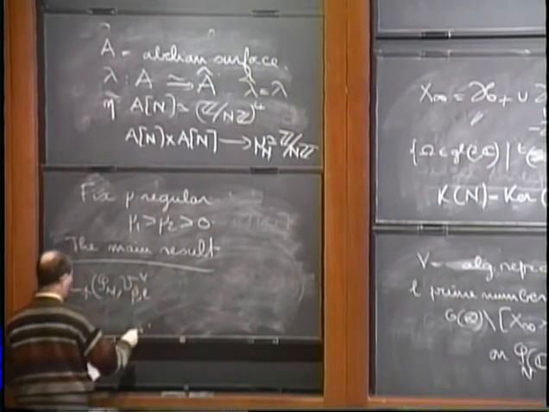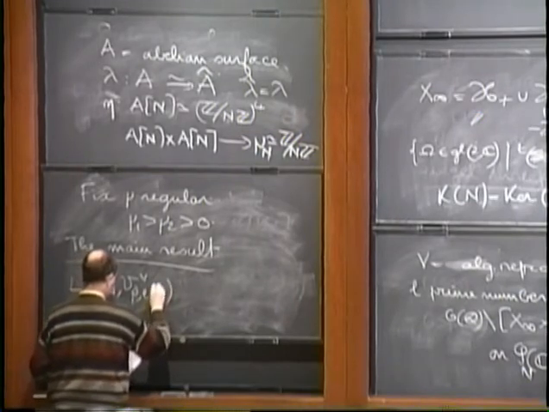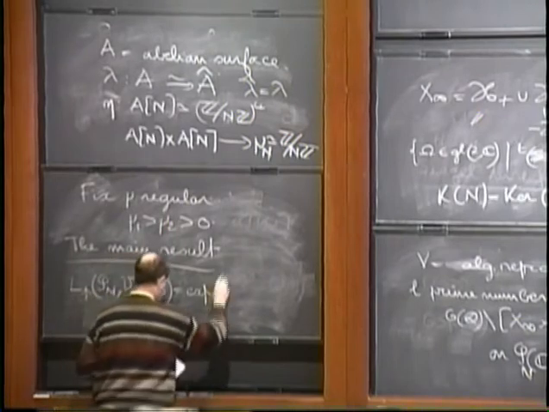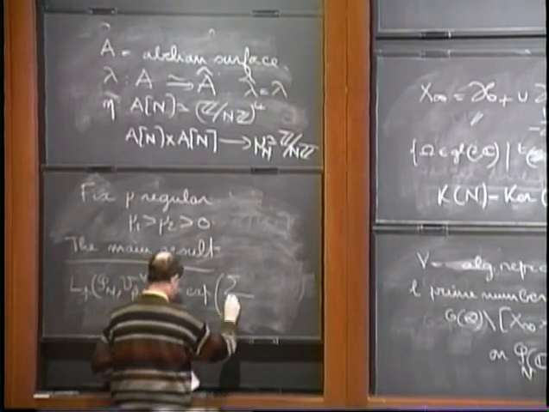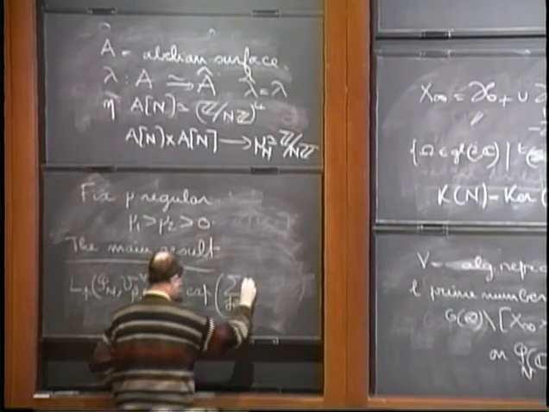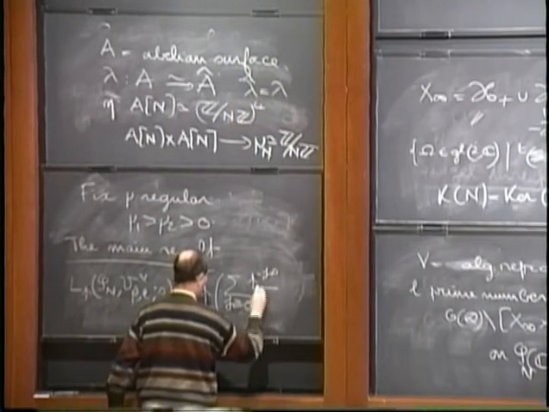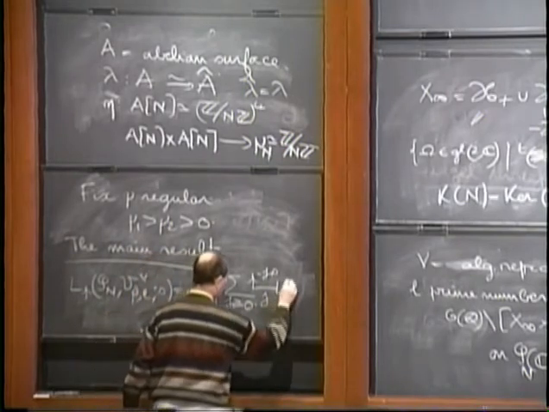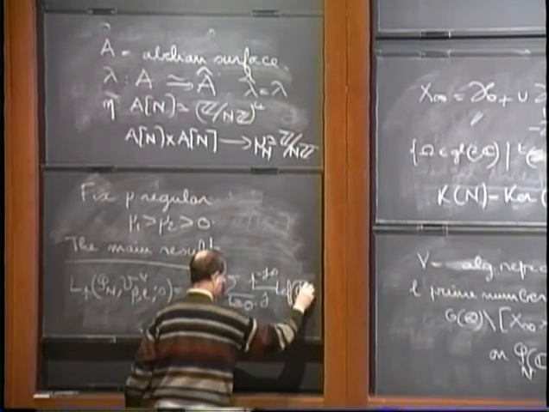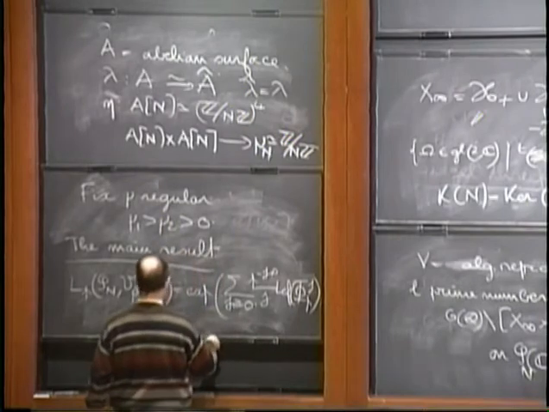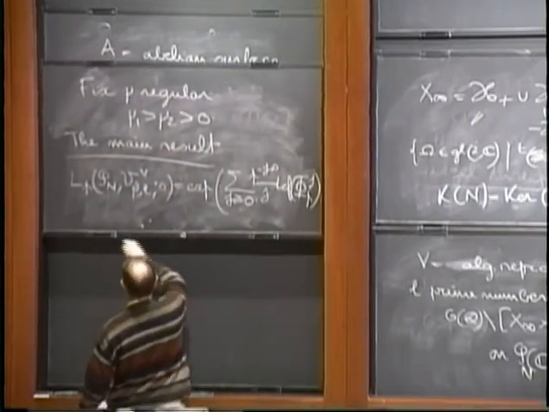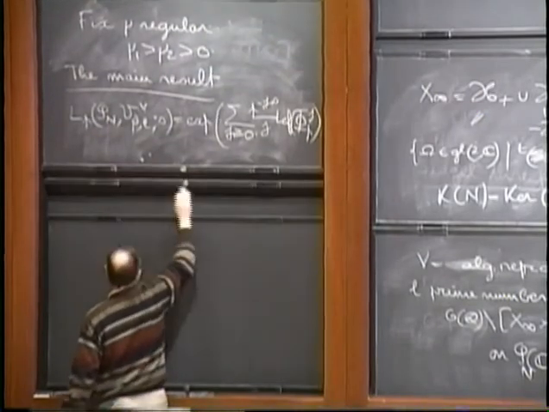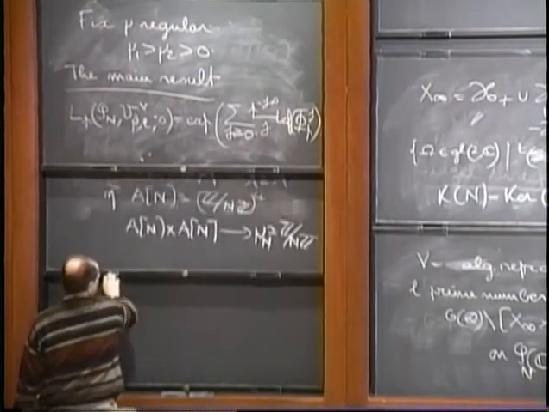So that's a Grothendieck interpretation, is an exponential of some power series of the so-called Lefschetz numbers.